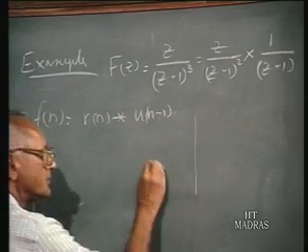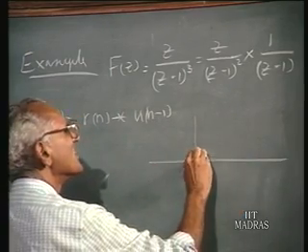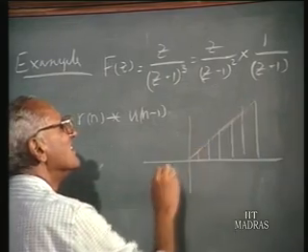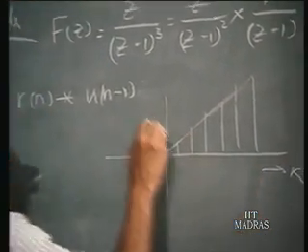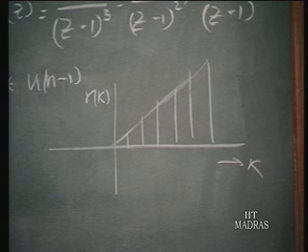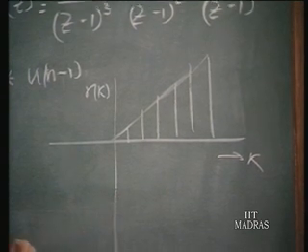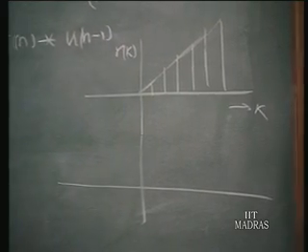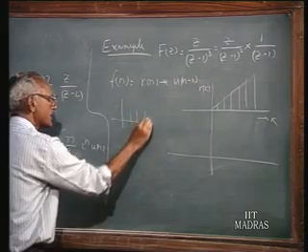You have r of n. So it will be like this. So this is k r of k. Now this has to be convolved with u of n minus 1. u of k minus 1 starts like this.